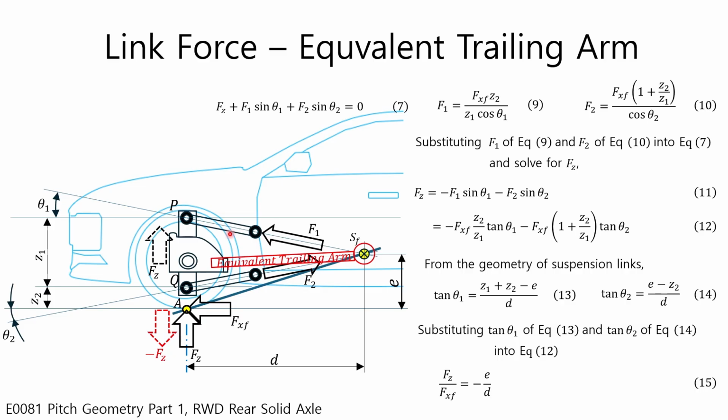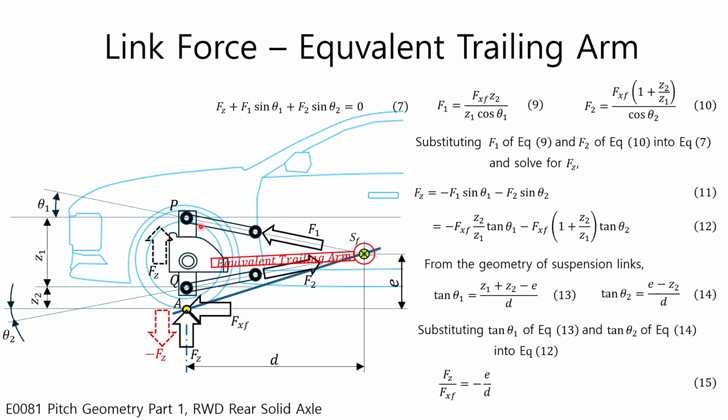The front suspension links can also be replaced with equivalent trailing arms using a virtual reaction point. Substituting equation 9, which represents the force F1 acting on the upper arm, and equation 10, which represents the force F2 acting on the lower arm, obtained previously, into equation 7, and solving for Fz, we obtain equation 11, which can be rearranged to obtain equation 12.